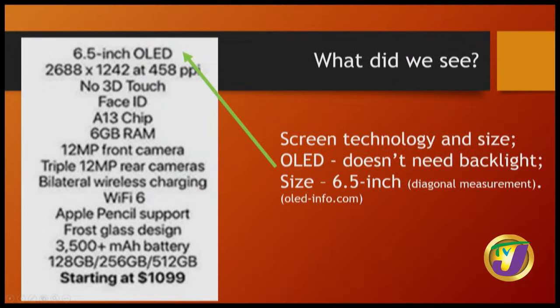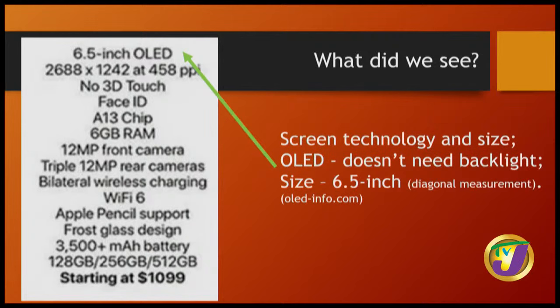The first thing we see in this specification is a 6.5-inch OLED, I should say. And this has to do with the screen technology and the dimensions of that particular device. Now, I could go into the whole issue of what OLED really is, but you might need to know a little bit of it.